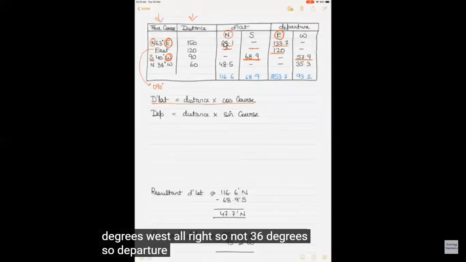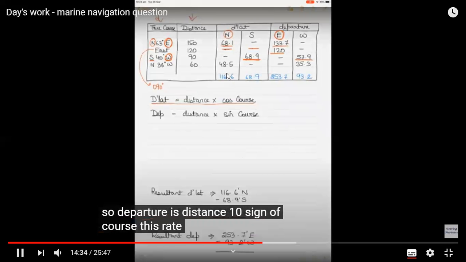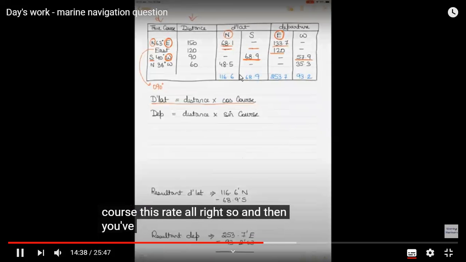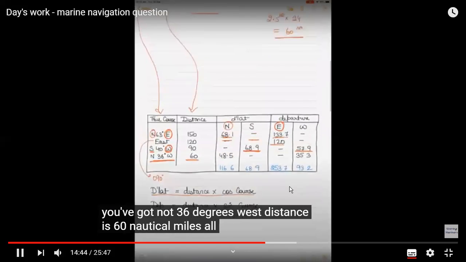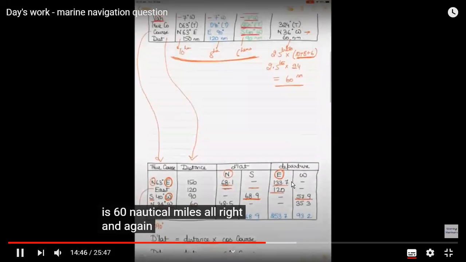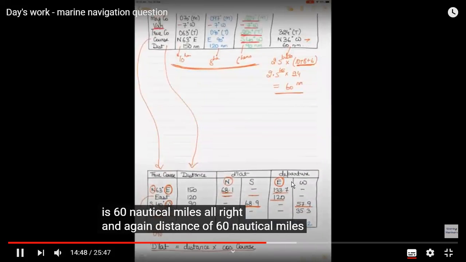Now we will get total north as 116 and total south as 68.9, and then departure is 253.7 on the east side, and on the west side is 93.2.